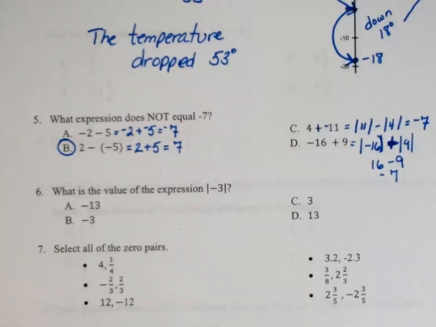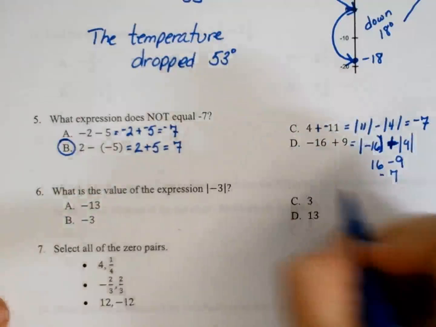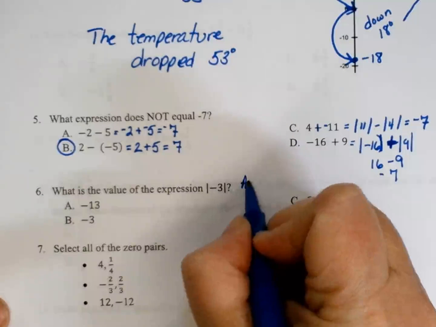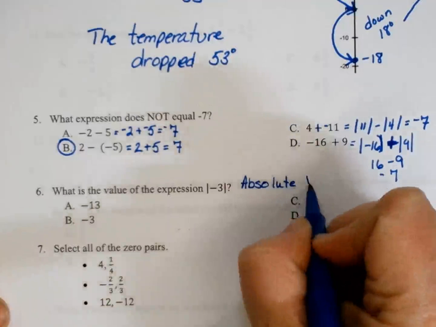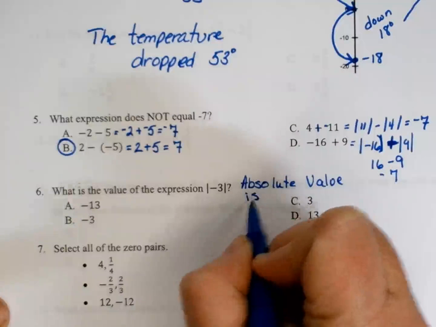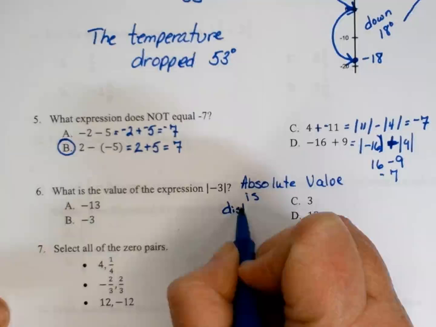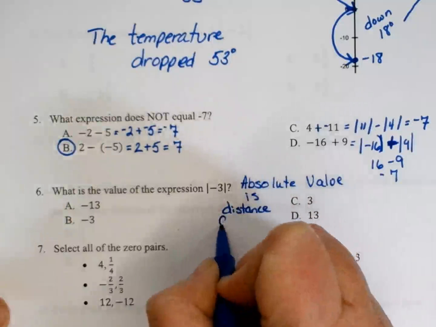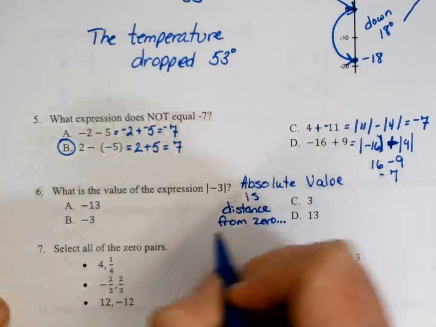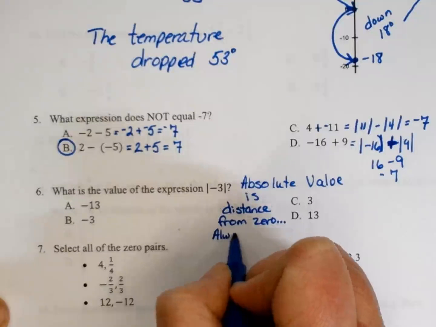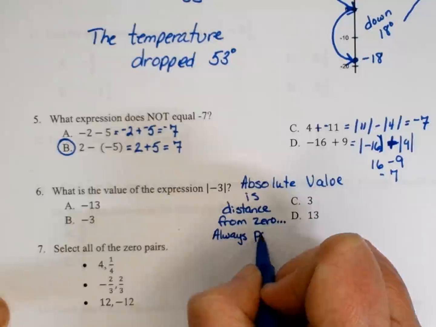All right. Number 6. What's the value of the expression? The absolute value of negative 3. Remember, absolute value is distance from 0, and it's always positive.